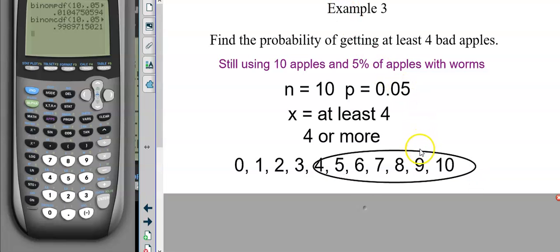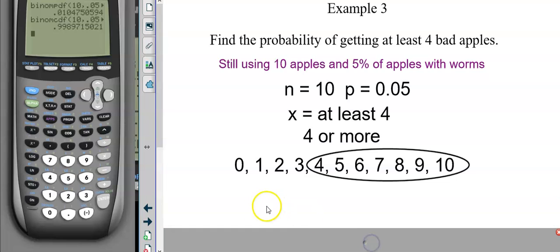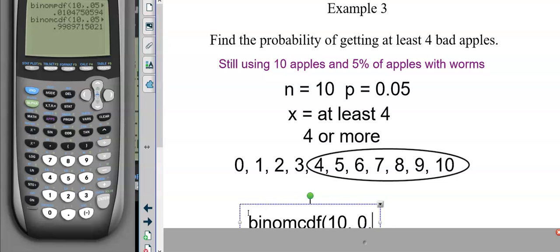Like I've said already in the slide right before this, we actually have to use the bottom portion to help us find the top portion. Why, I'm not necessarily sure, but we have to. So when we do our binomial CDF, we have n, which is 10, and 0.05.